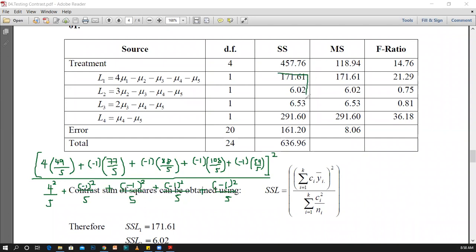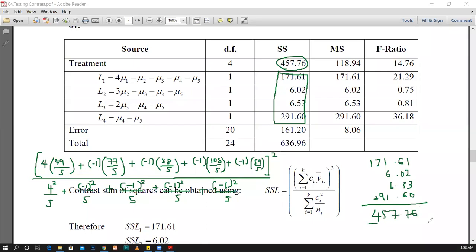Now if you take the sum of these sums of squares, it should be equal to 457.76. Adding 171.61, 6.02, 6.53, and 291.60, you definitely get 457.76.